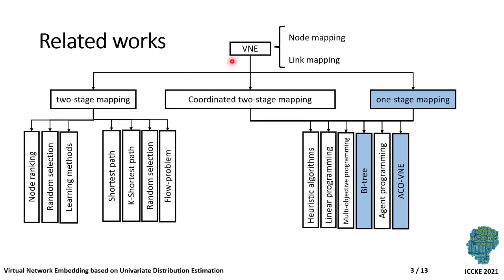VNE, as we mentioned before, has two different phases, node mapping and link mapping. We categorize the previous works, or the related works, based on their relation with these two phases. The first category is two-stage mapping. The related works in this category complete VNE in two different phases that are constructed to be completed only consecutively.